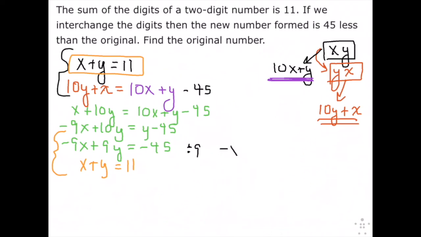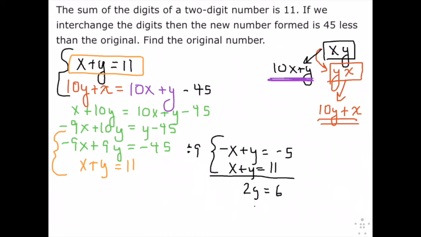I get negative x plus y equals negative 45 divided by 9 is negative 5, and the bottom equation is x plus y equals 11. And we can use elimination. Negative x plus x is 0, y plus y is 2y, 11 and negative 5 is 6, so y equals 3. And then I can substitute into this equation right here. x plus y equals 11, so x plus 3 equals 11, x equals 8.